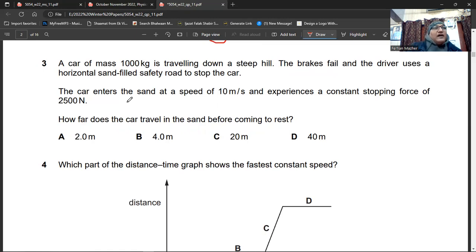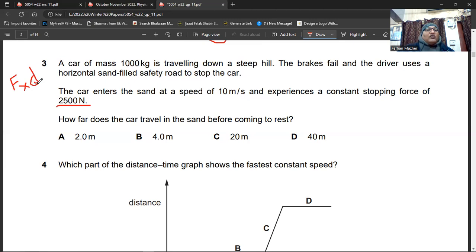You see, the work done here by that sand on the car, the force applied is 2500 Newton. So the work done will be the force multiplied by distance. That is the very famous formula for the work done.